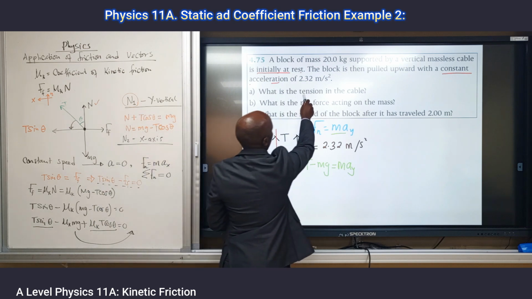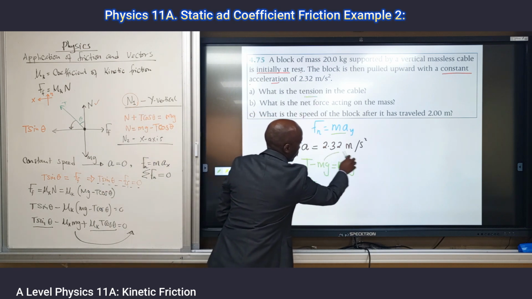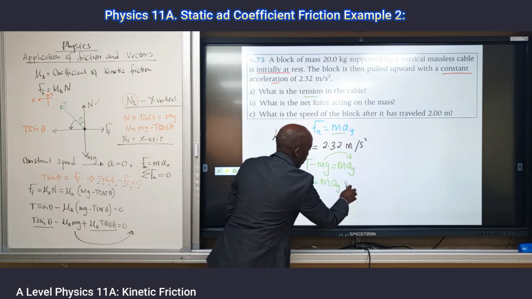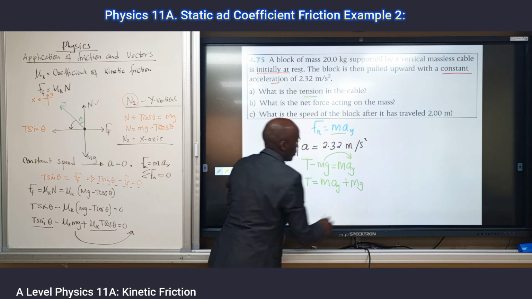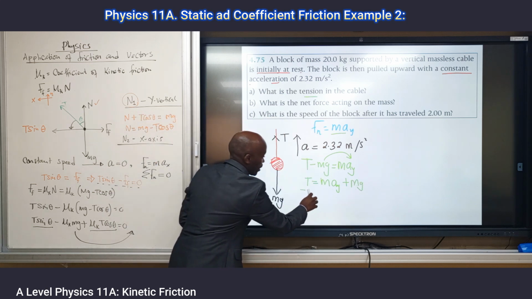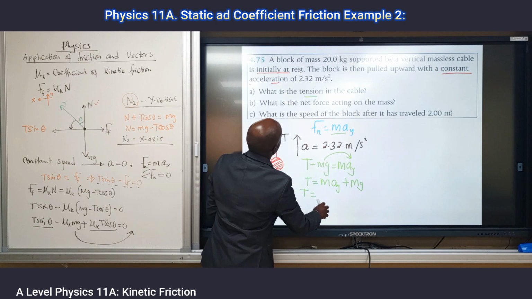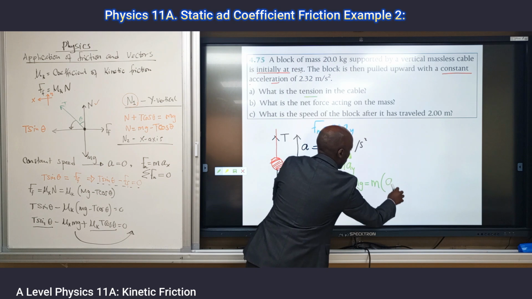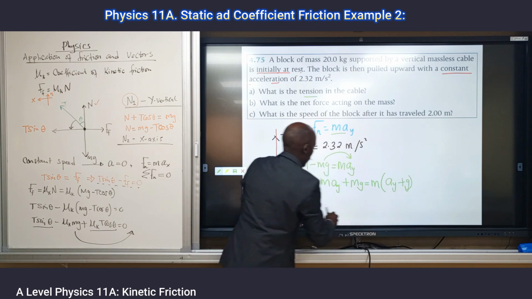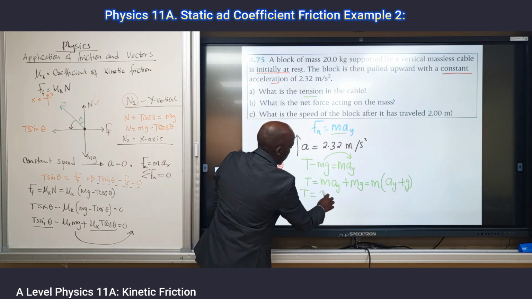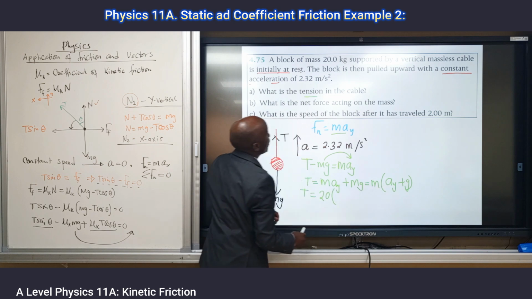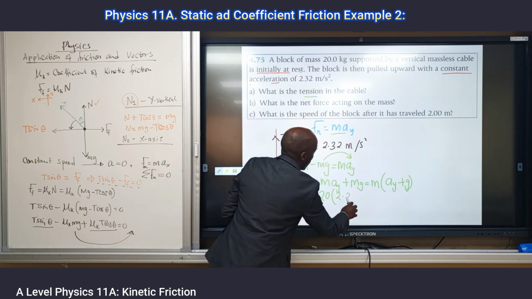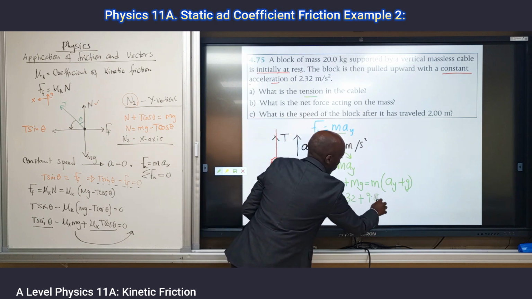We need tension, so T equals m a_y plus mg, which can be written as m times (a_y plus g). The mass of the block is 20 kilograms times (a_y plus g), where the acceleration accelerating up is 2.32, plus 9.81.